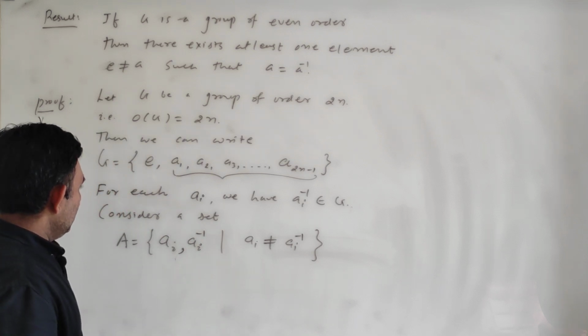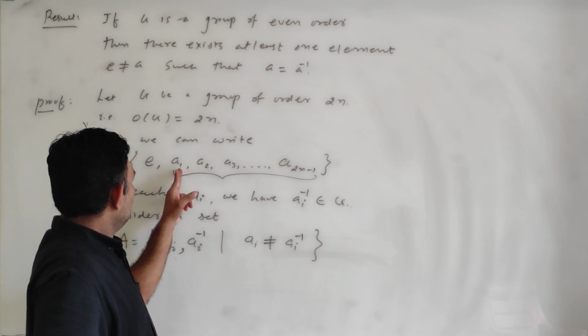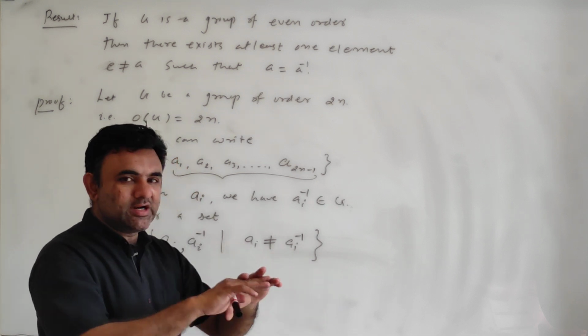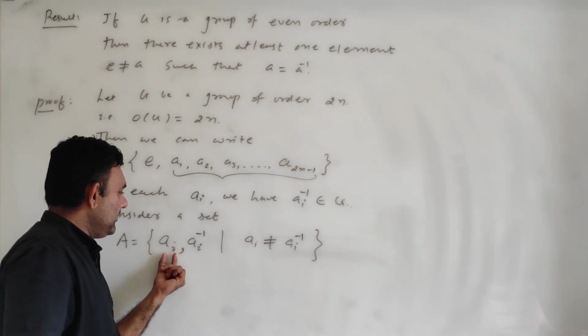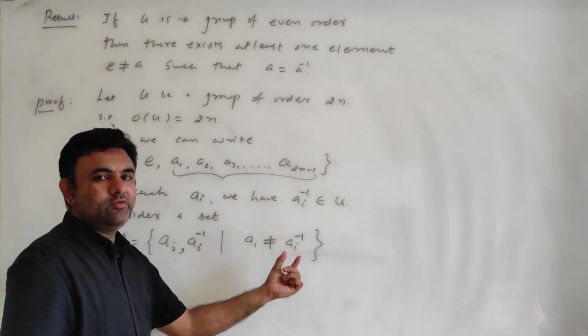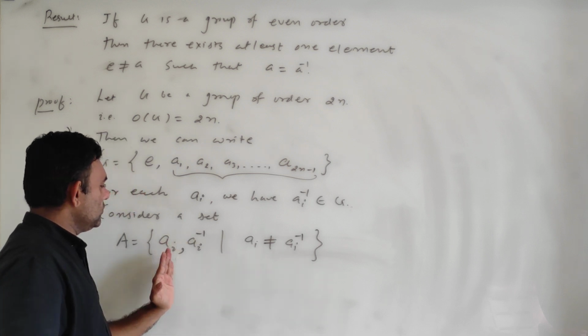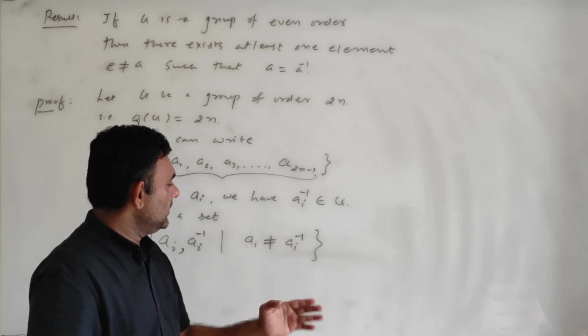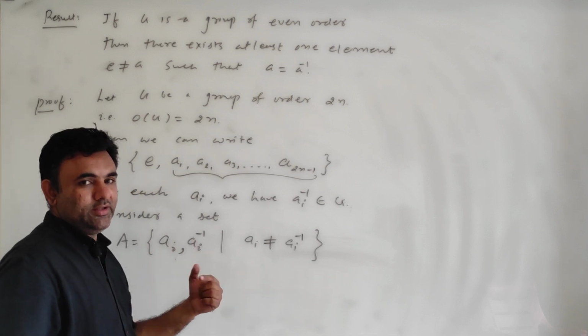See what we are doing. You take A1. Suppose A1 and A1 inverse are different, then you write here A1 and A1 inverse. If A2 and A2 inverse are different, then you write A2 and A2 inverse. If A3 and A3 inverse are equal, then you will not write A3 and A3 inverse here.